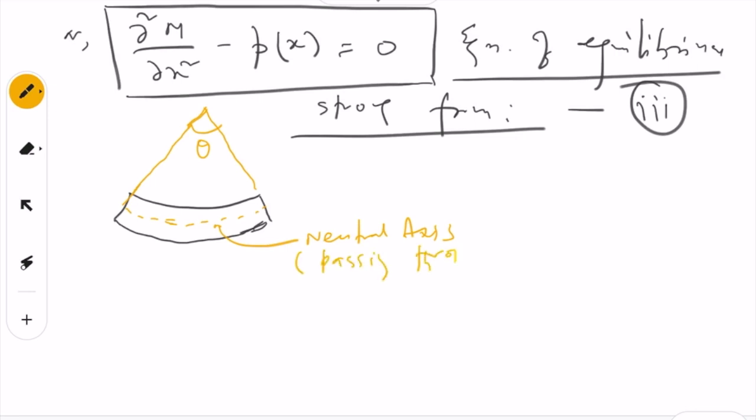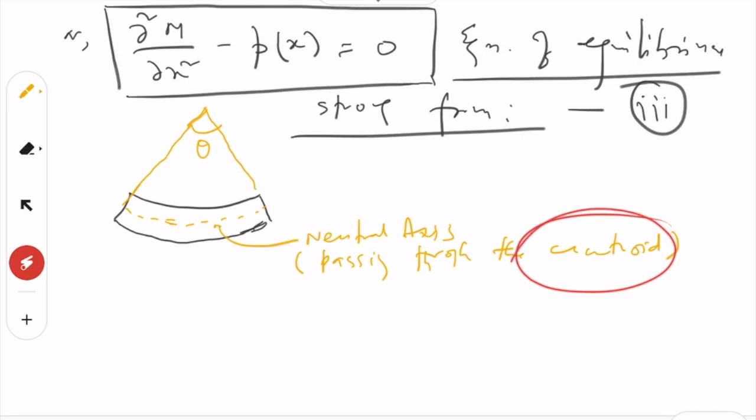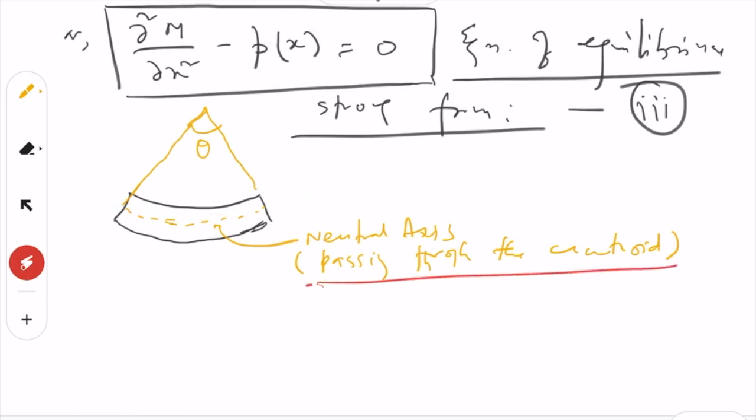This is just not given. Basically we can find out a condition in which you will automatically see that this has to pass through the centroid, but I am just writing it here so that you remember. Okay, so this is neutral axis where this passes through the centroid of the section.